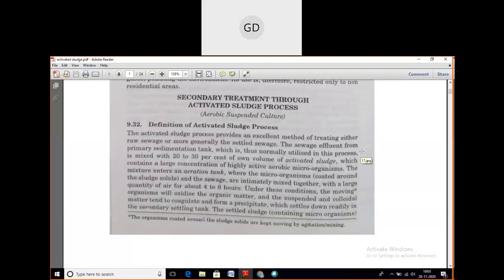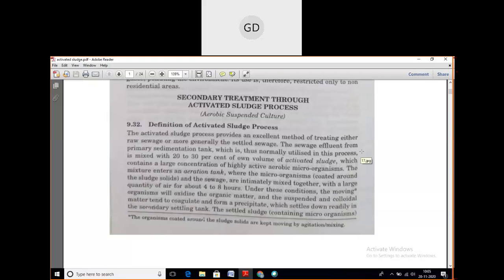Okay, you see, the activated sludge process provides an excellent method of treating either raw sewage or, more generally, the settled sewage. The sewage effluent from the primary sedimentation tank, which is normally utilized in this process, is mixed with 20 to 30% of its own volume of activated sludge, which contains a large concentration of highly active aerobic microorganisms.